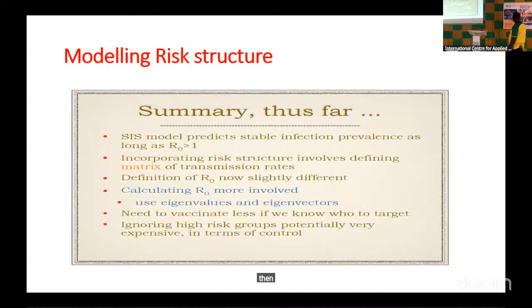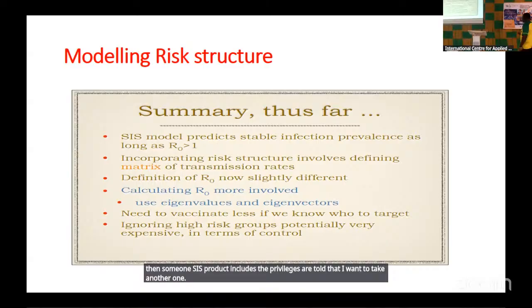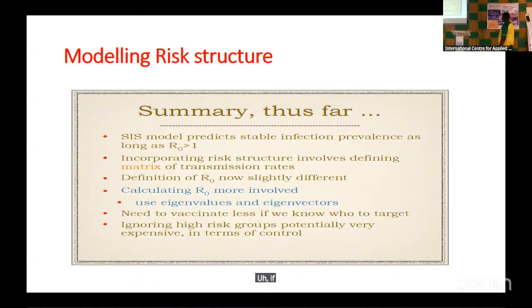Then summary: the SIS model predicts stable infection prevalence as long as R naught is greater than 1. Incorporating this structure involves defining matrices of transmission rates. The definition of R naught is now slightly different. Calculating R naught is more involved. Use eigenvalues and eigenvectors.